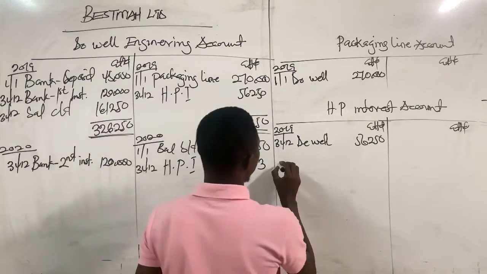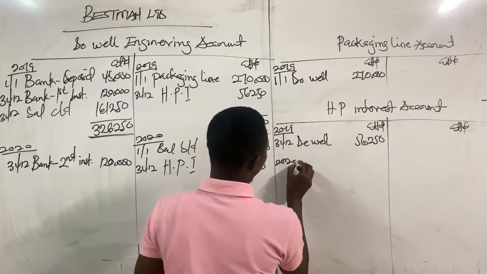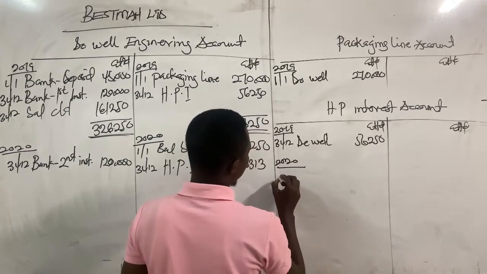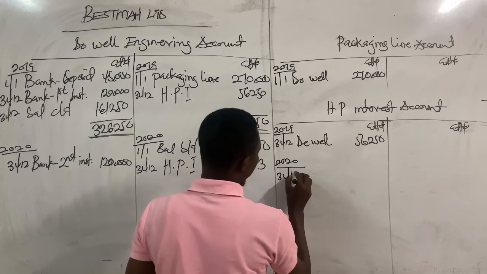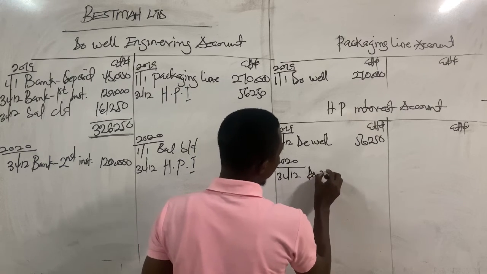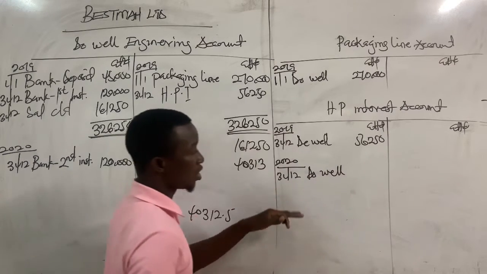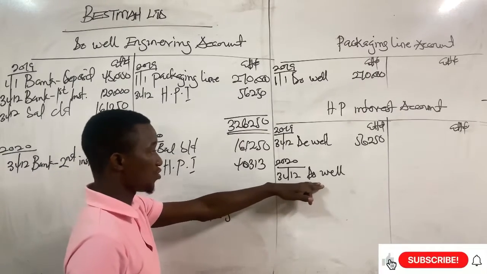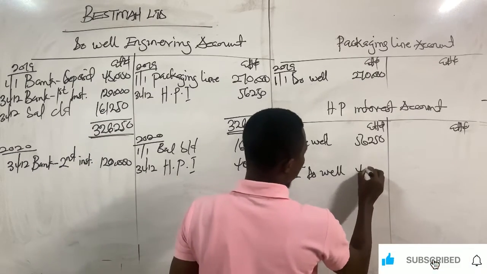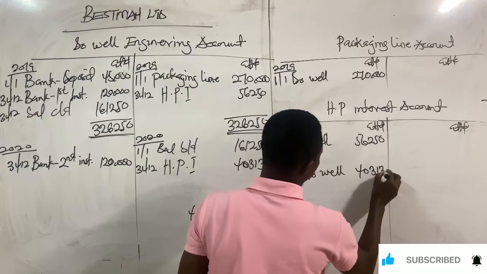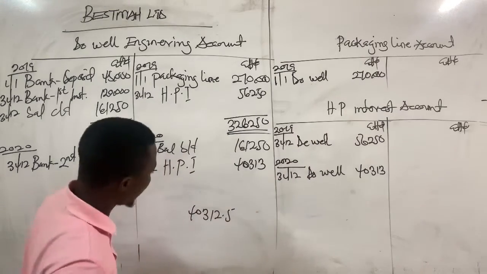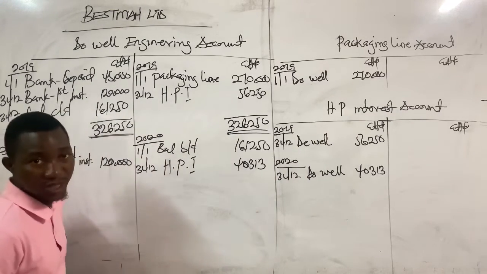So we debit it to hire purchase interest account, that is 31st of December, from Dual, because Dual Engineering received this interest, and the amount is 40,303. Very good. So we need to close the account for 2020.